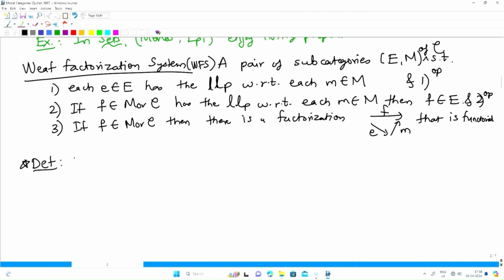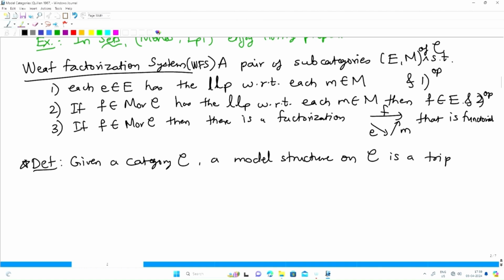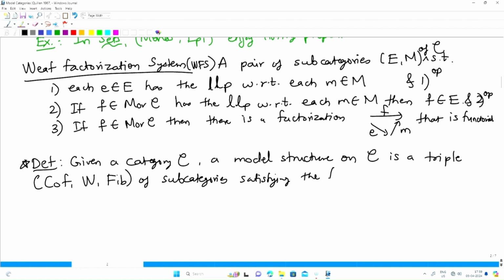Okay, so given a category C, a model structure on C is a triple of subcategories satisfying the following.